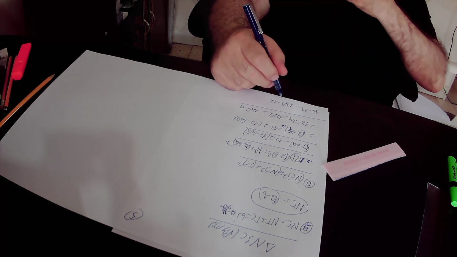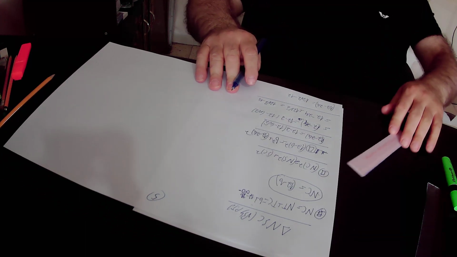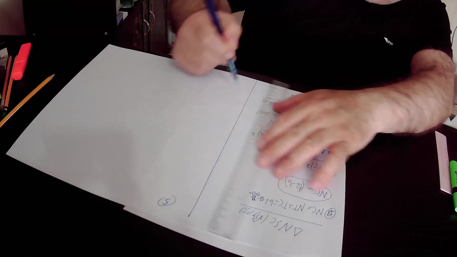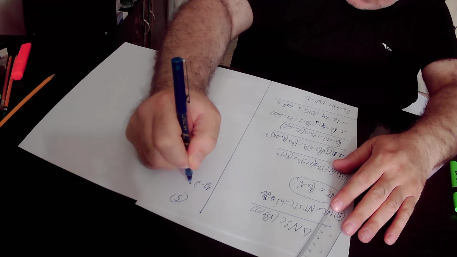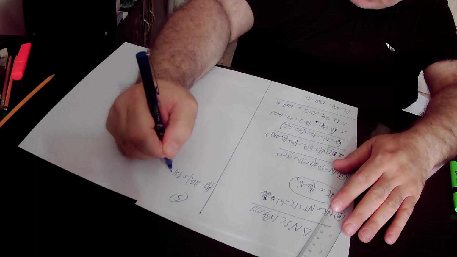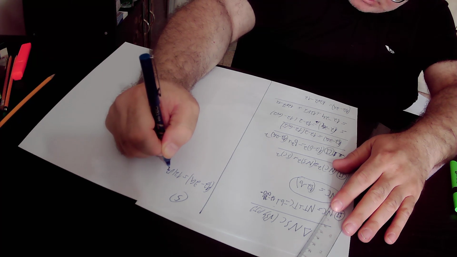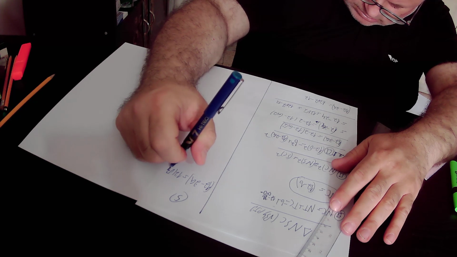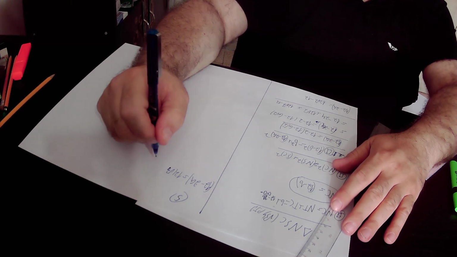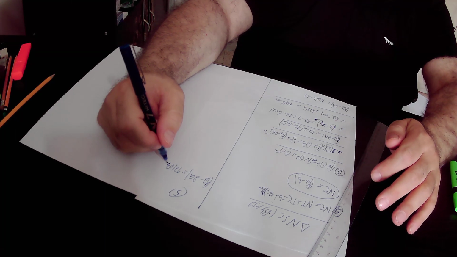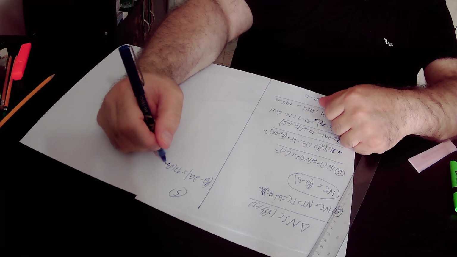Here we take 12 as a common factor, and we get that 12 minus 2A is equal to 12, and inside the brackets we have square root of 2 minus 1.